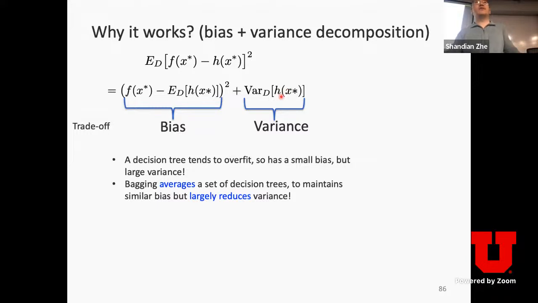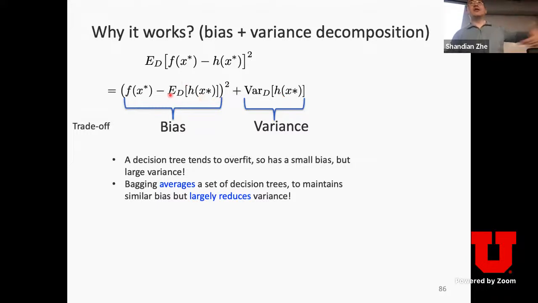Note that for a set of independent, identically distributed random variables, if you take the average of them, you're going to largely reduce the variance, but their expectation won't change. That would be very good, right?